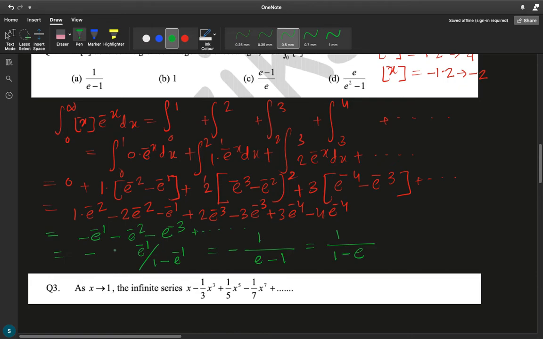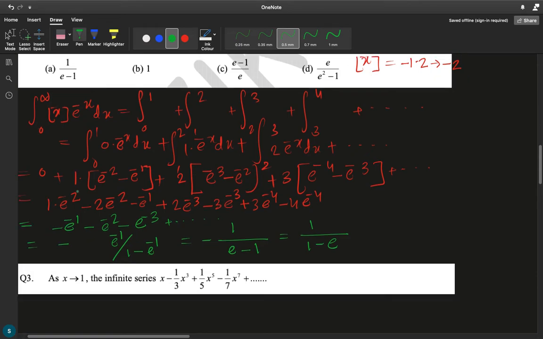Is there anything wrong with what I have done here? The mistake I have made is that when integrating e to the power minus x, there would be a minus sign. So there will be a bunch of minus signs: this is minus 1, this is plus 1, this is minus 1, this is plus 1. So the e to the power minus 2 term will be plus, the first value will be plus, the second value 2 times e to the power minus 3 will be plus.